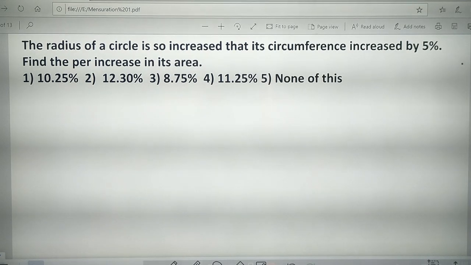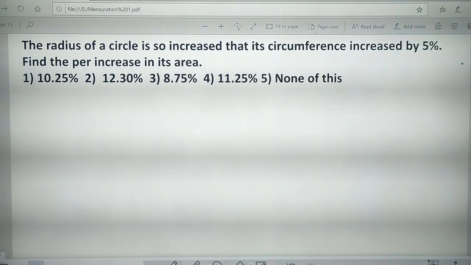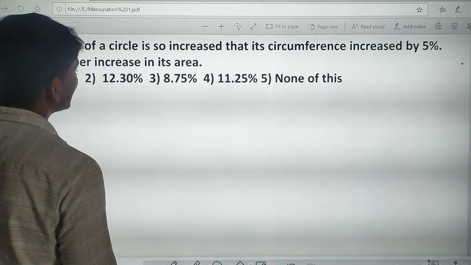The radius of a circle is so increased that its circumference increases by 5%. Find the percentage increase in its area.